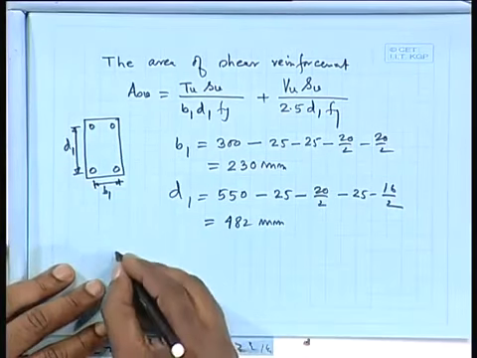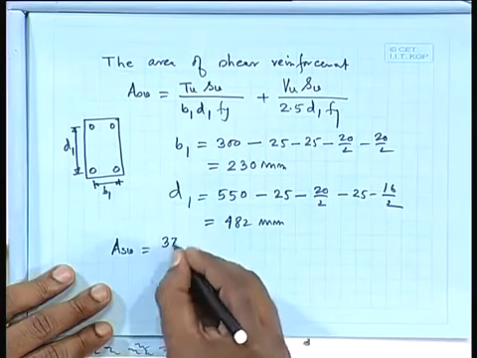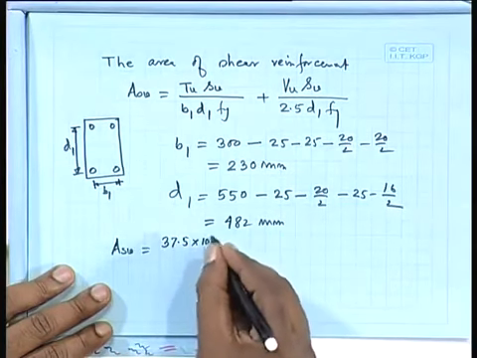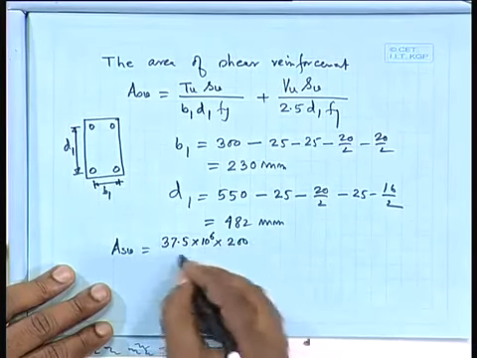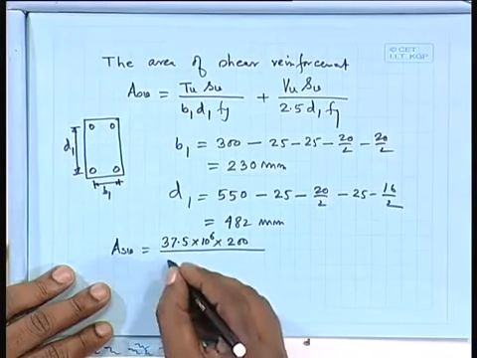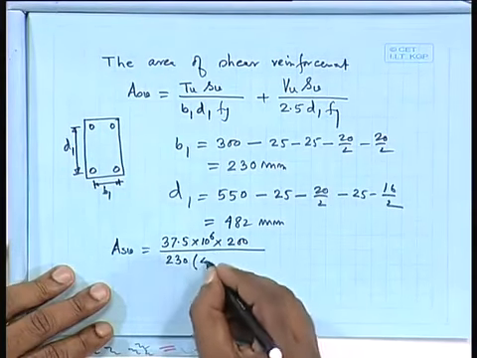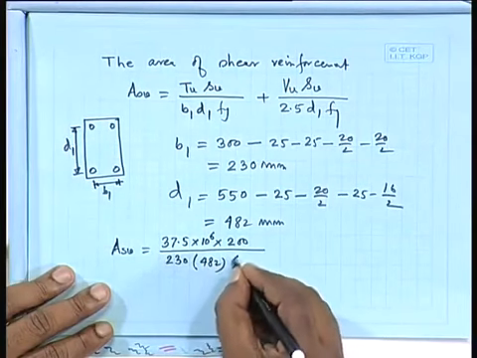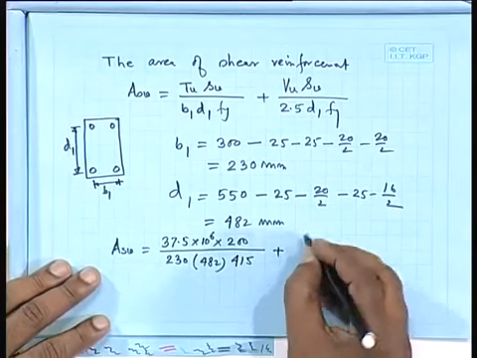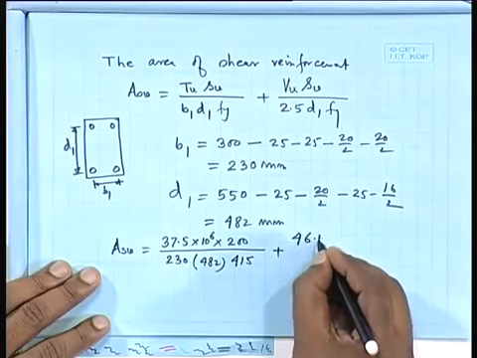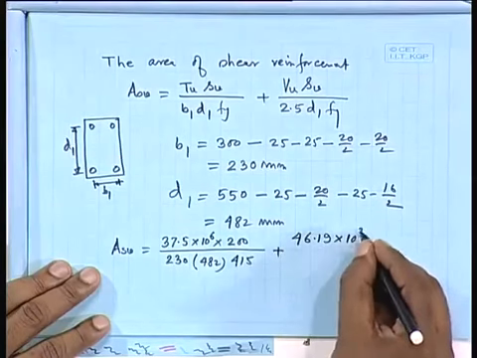So ASV equal to 37.5 into 10 to the power 6 into, let us say we have already selected 200 millimeter spacing, divided by 230 times 482 times 415 plus VU, that is 46.19 into 10 to the power 3.